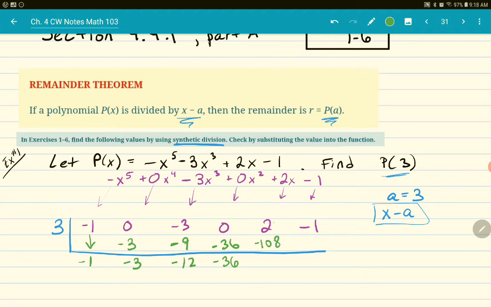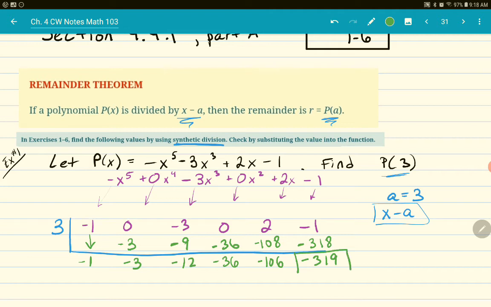And when I add 2 plus -108, I get -106. And when I take 3 times -106, I get -318. Then adding -1 and -318, I get -319.